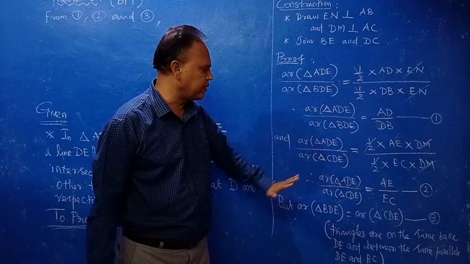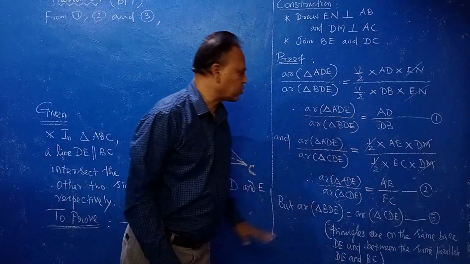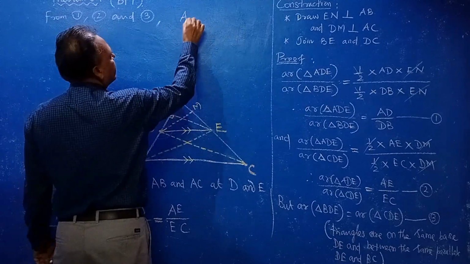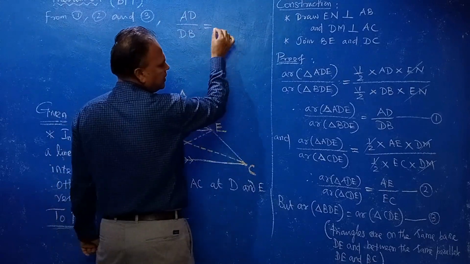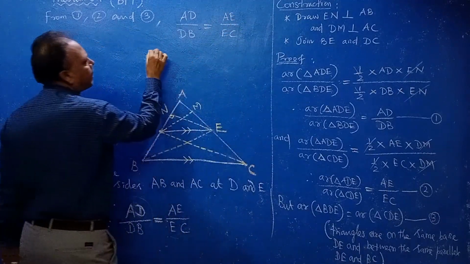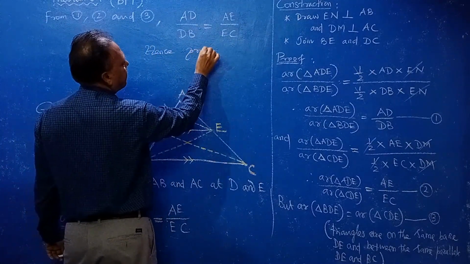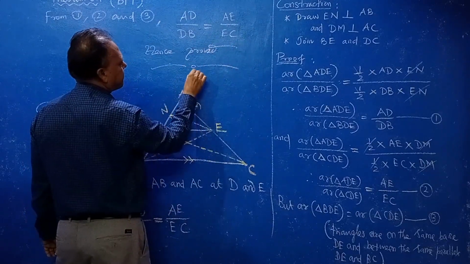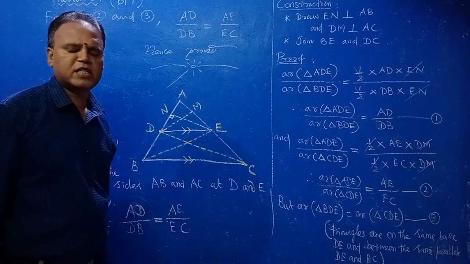Therefore, the right hand side is also equal, which means AD by DB is equal to AE by EC. Hence proved. So very simple and clear.